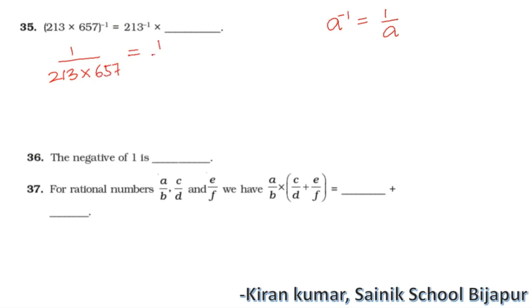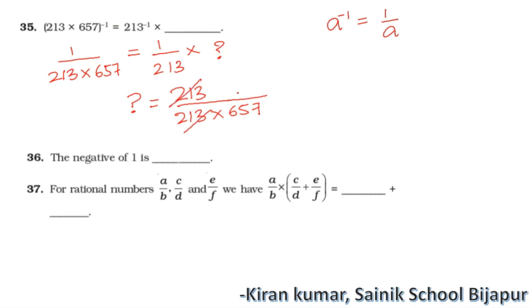This will be equal to 1 by 213 into, let me write this as a question mark. So the question mark will be equal to 213 divided by 213 into 657. This is by cross multiplication. 213 will get cancelled. We get 1 by 657. So this particular number is 657 to the power minus 1. The negative of 1 is minus 1.